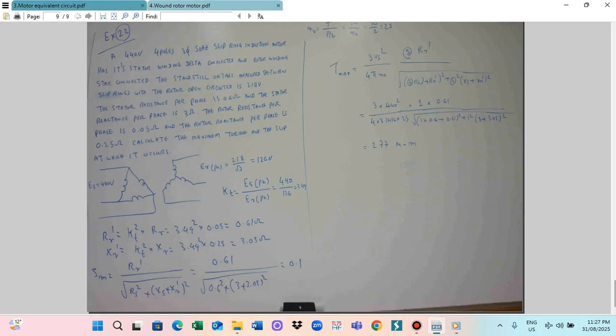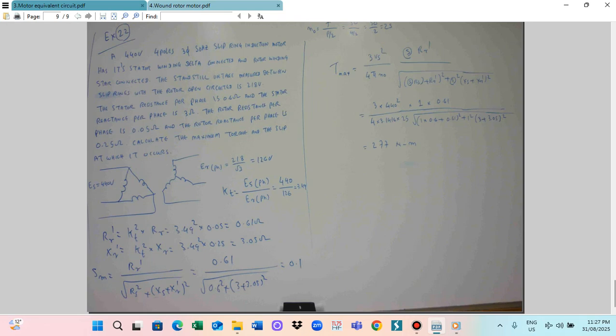So then you substitute here. This is R dash 0.61. RS means stator winding resistance, so 0.64, squared, plus XS plus 3.05 square. Then you calculate the slip, so that will be 0.1. The maximum slip is 0.1.